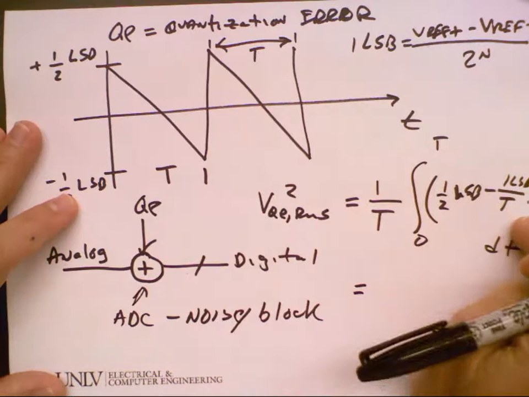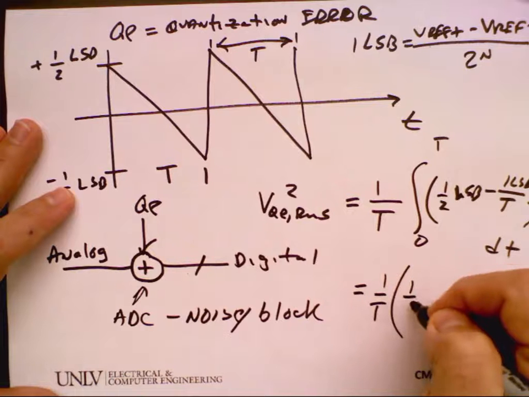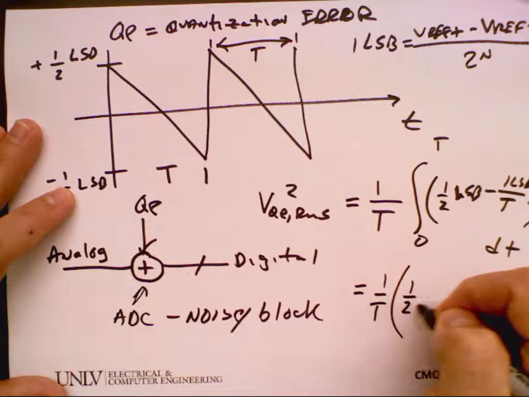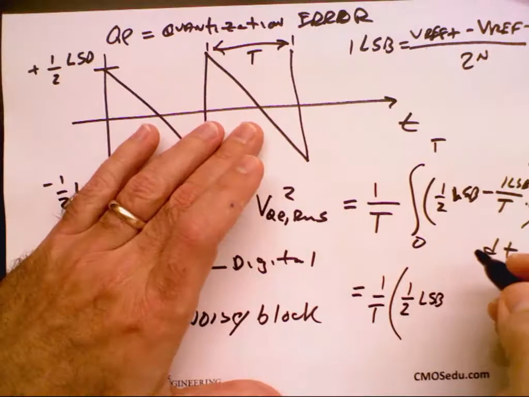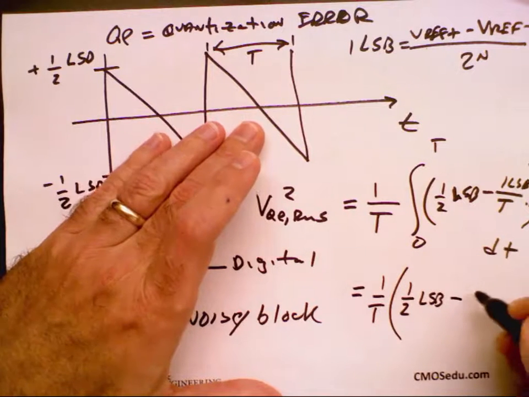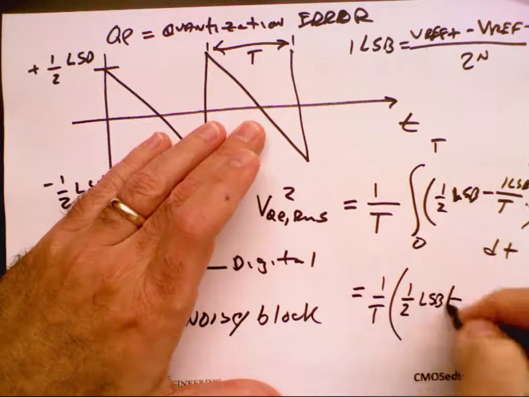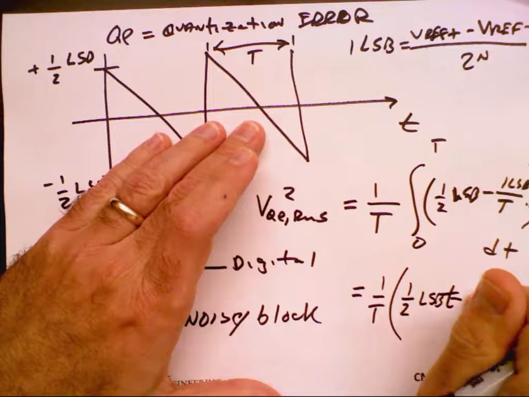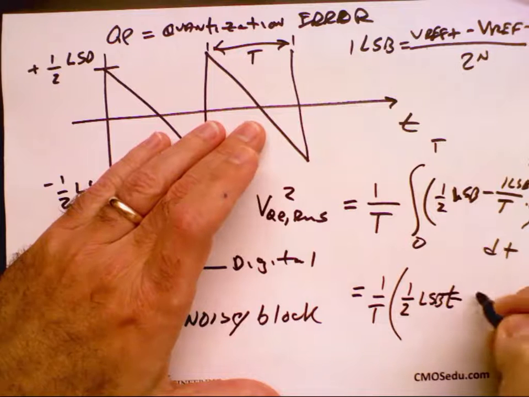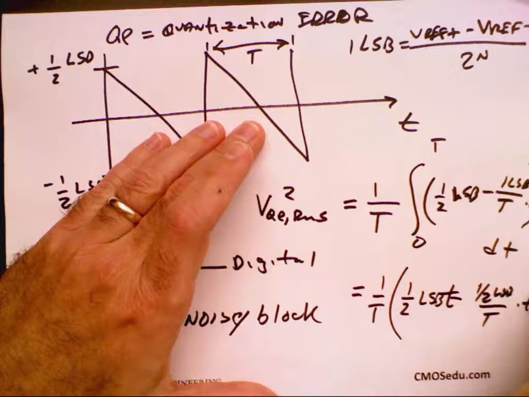The second part, and it's a trivial integration, so you end up getting 1 over t, 1/2 LSB times t. Thank you. I'm getting a little ahead of myself. I'm trying not to skip to the answer here. So plus 1/2 LSB over t times t squared, evaluated at 0 and t.